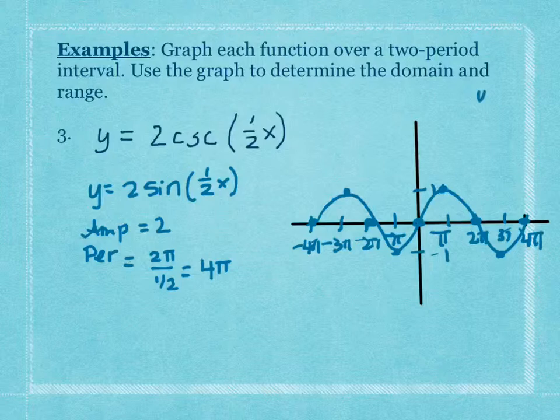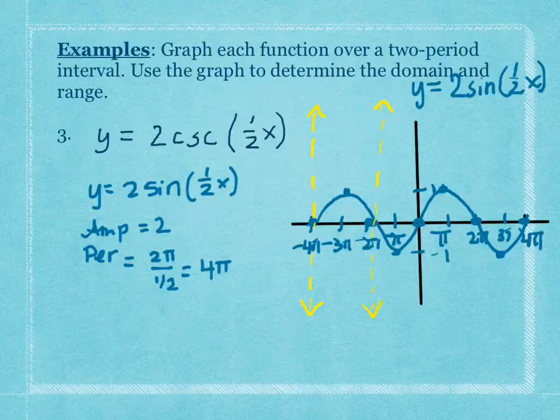And this is the graph I need to label. It is y equals, okay, I'm running out of space there, let me give myself a little bit more. Y equals 2 sine 1/2 x. Then we're going to take yellow, and I'm going to continue to use those same colors. We're going to mark out the asymptotes in yellow based on the x-axis intercepts, or the x-intercepts.